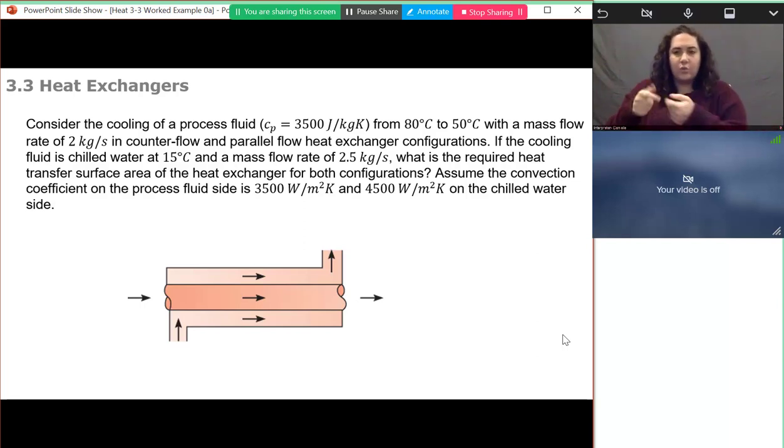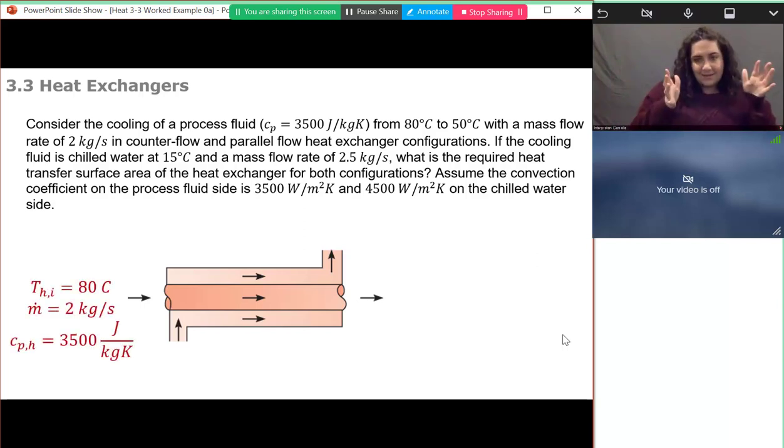And then we're told that the convection coefficient of the process fluid side is 3,500 watts per meter squared Kelvin and 4,500 watts per meter squared Kelvin, respectively. If we draw out the problem, here in my sketch, I'm only showing the parallel flow, but for the counterflow case, the flow in the tube will be moving in the other direction.